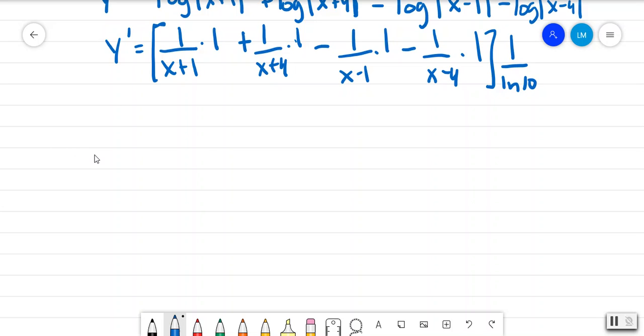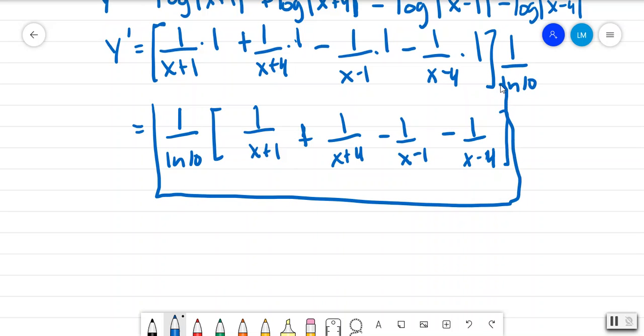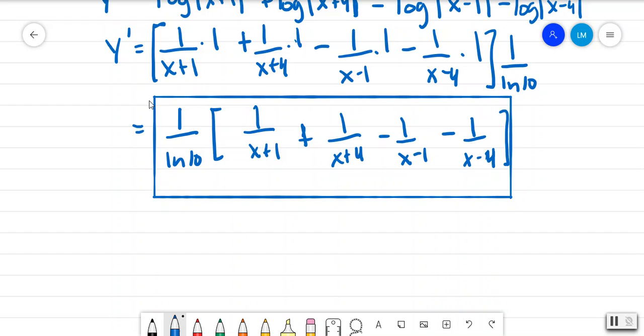So if we clean it up, we end up with 1 over natural log of 10 multiplied by 1 over x plus 1 plus 1 over x plus 4 minus 1 over x minus 1 minus 1 over x minus 4, which is the whole answer. Now it might look a little messy, but you know, it's just preference really.